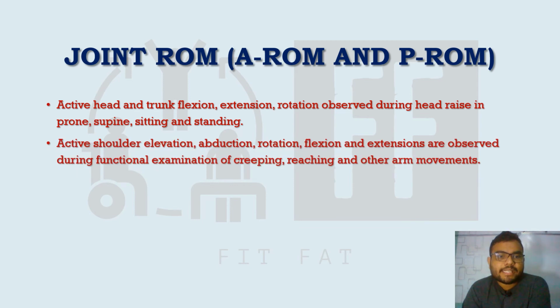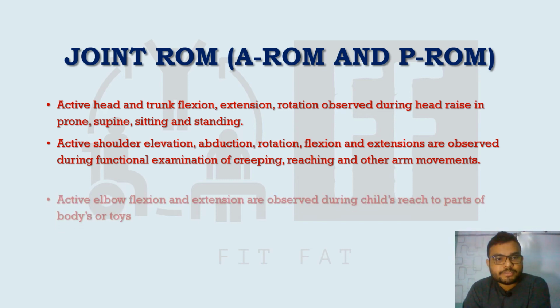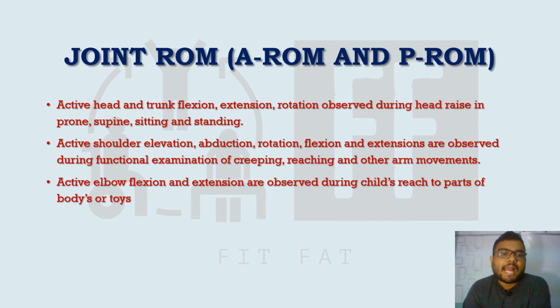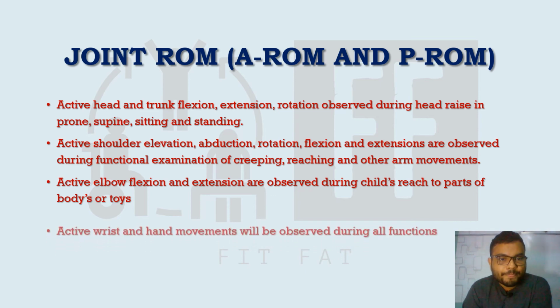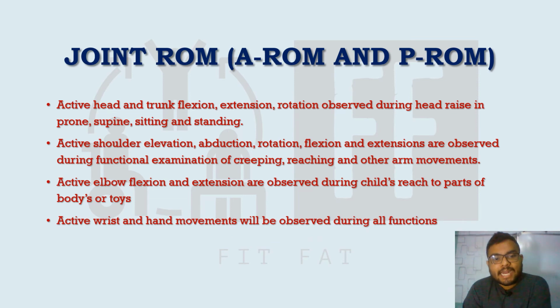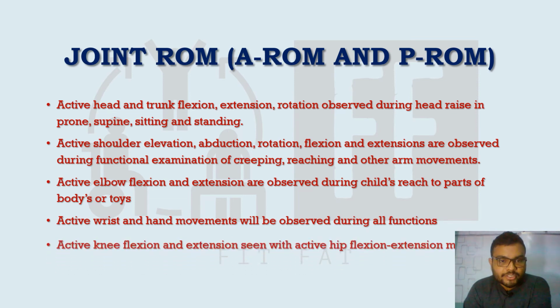Then you need to check active shoulder elevation, abduction, rotation, flexion and extension observed during functional examination of creeping, reaching and other arm movements. Then you need to check active elbow flexion and extension observed during child's reach to parts of body or toys. Then you need to check the active wrist and hand movements during all of the functions.